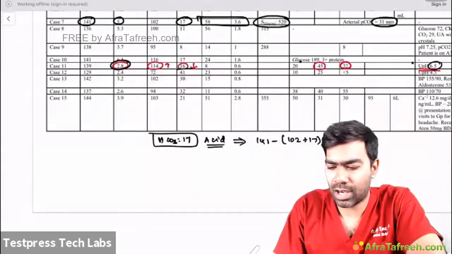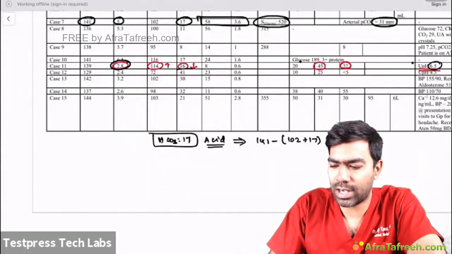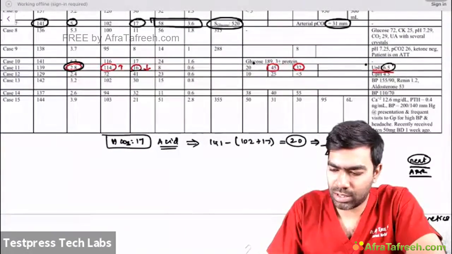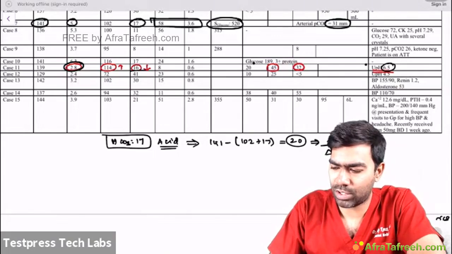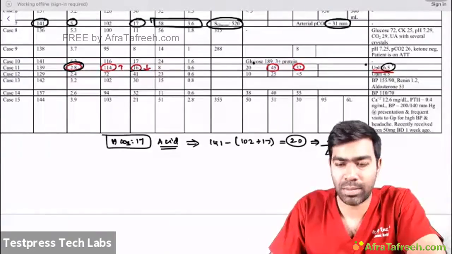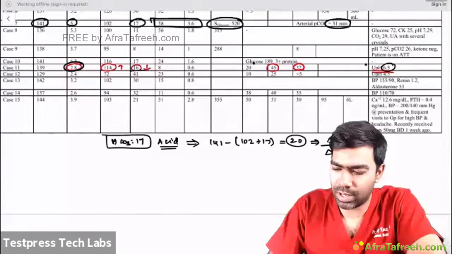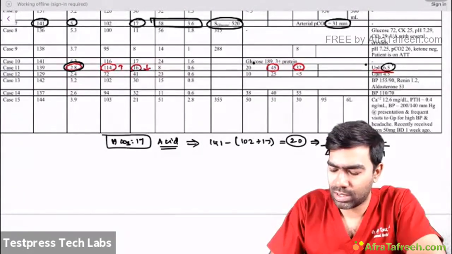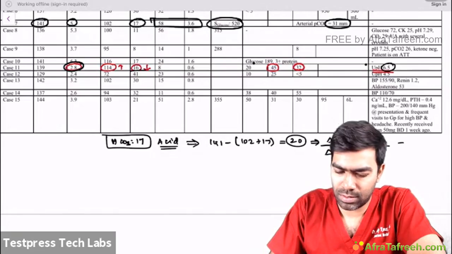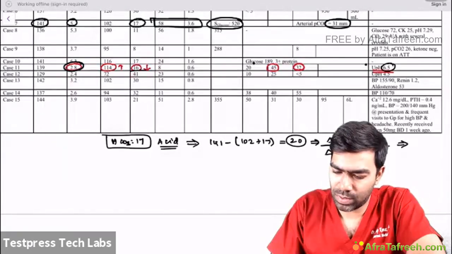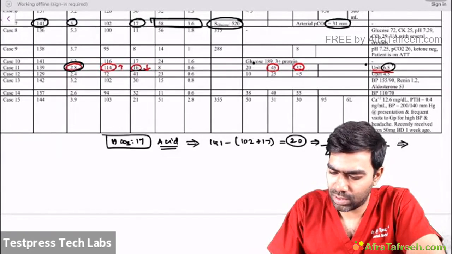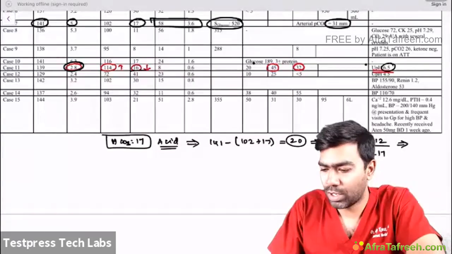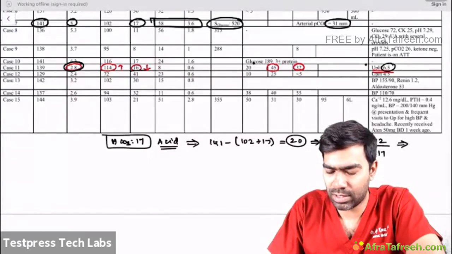If the patient is having HAGMA, then of course the next step will be to see the delta-delta ratio. So what is the delta-delta ratio here? Delta-delta ratio means anion gap minus 12 divided by 24 minus bicarbonate. Anion gap here is 20, minus 12, divided by 24 minus 17.